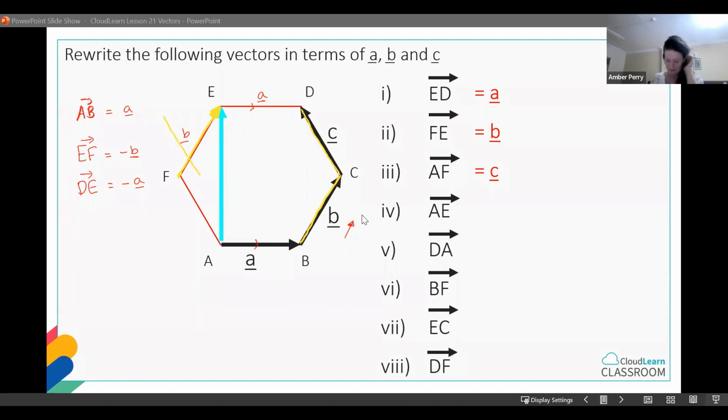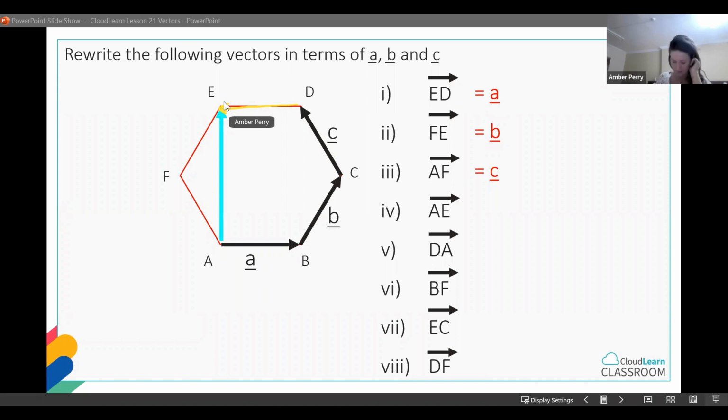All right. I'm going to clear my drawings because it's getting a bit messy. Now what we can do is think, okay, how am I going to get from A to E? I've got a couple of methods. I could go the long way around: from A to B, B to C, C to D, and then back from D to E. I'm just going to show you what happens if I did that. Remember, we've already said that D to E, going in that direction, is negative AB.